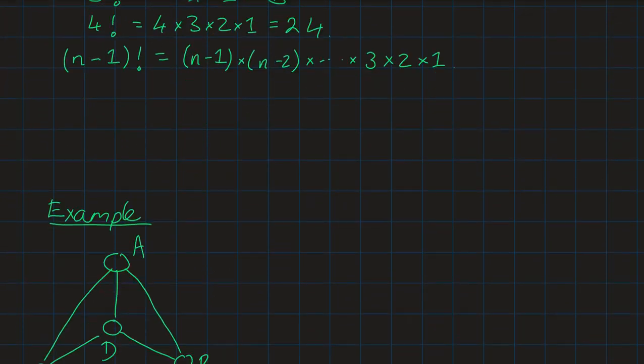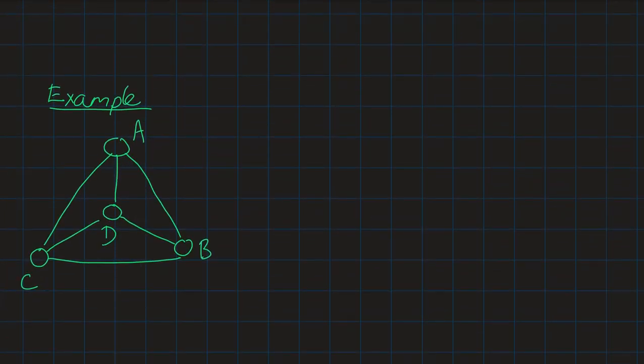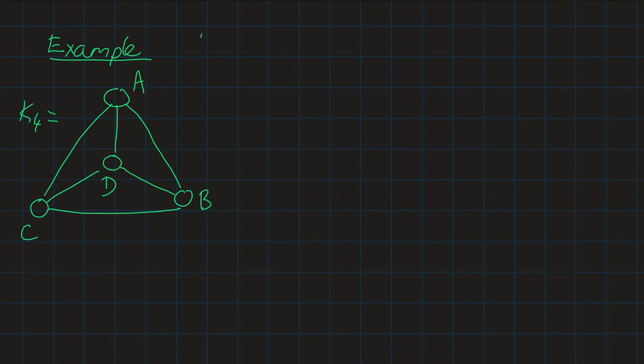So let's just do an example, okay? Here's a graph. This graph here is K4. And all I want to do is list all the Hamiltonian circuits. Okay? So I'll draw a table.